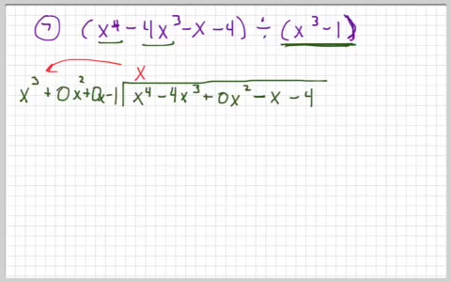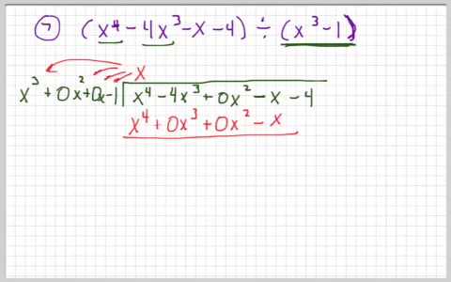So now I distribute that x to everybody to figure out what I'm going to subtract. And I go x times x cubed. I'm going to get plus 0x cubes plus 0x squareds minus 1 times x is x. And this is the tricky part for most people. Now you have to subtract that entire thing. So I'm doing my x to the 4th, and I go x to the 4th minus x to the 4th is 0.